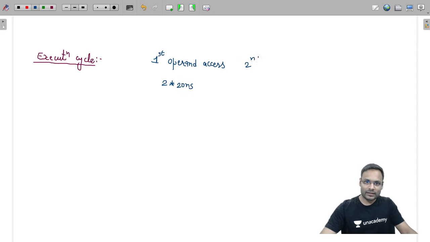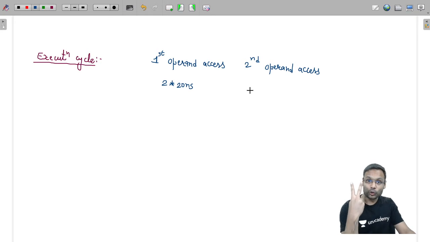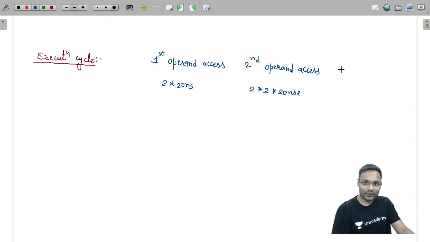Then second operand access. It's indirect mode, 2 times memory access of 2 words each, 20 nanosecond for 1 word. This much time. Then write back. Write back will be in the first operand, which will take 2 into 20 nanoseconds.